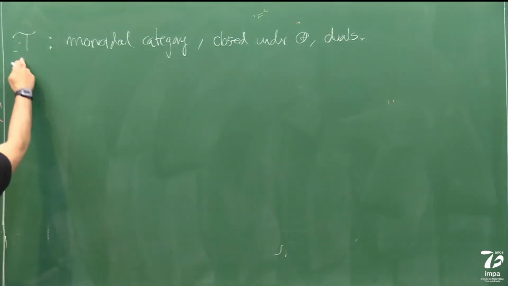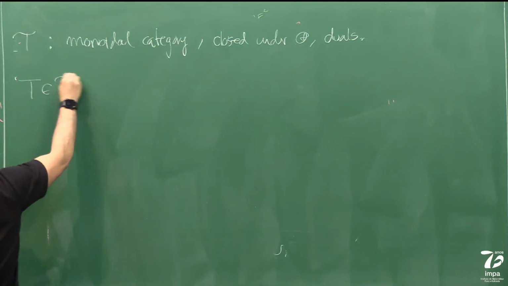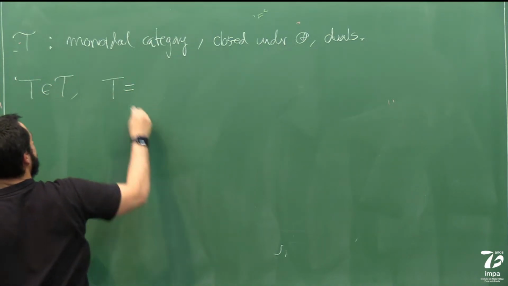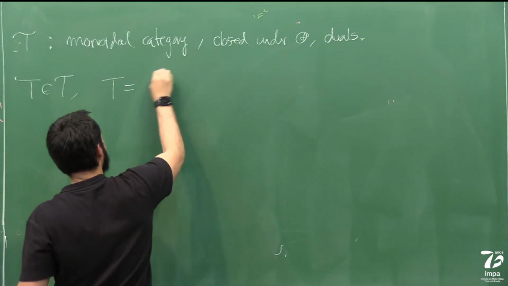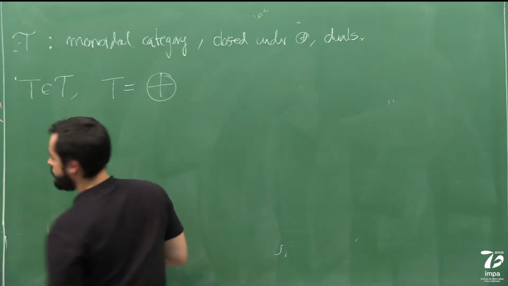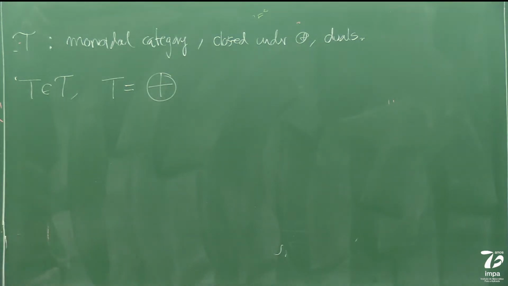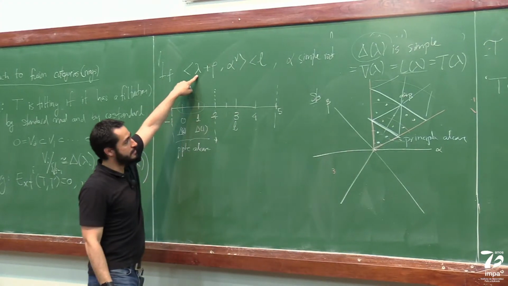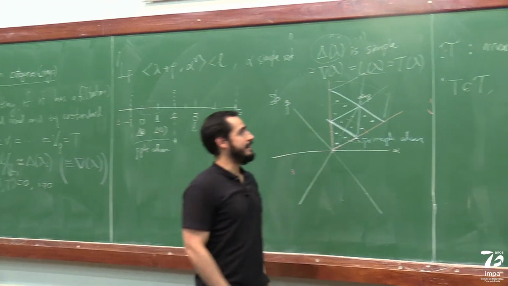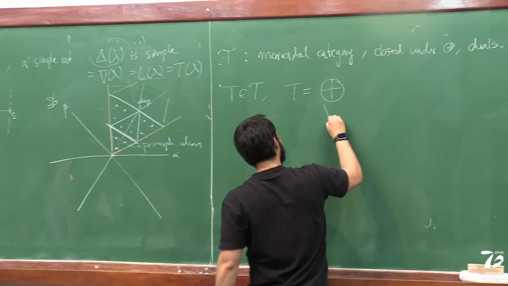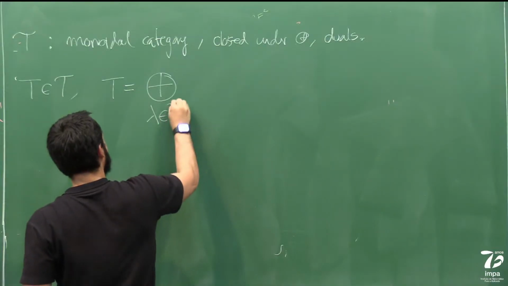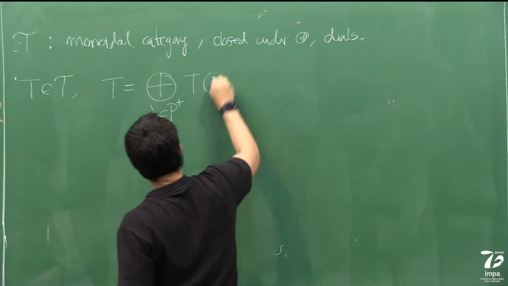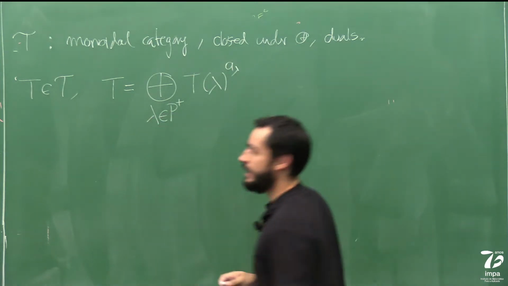It is a Krull-Schmidt category, so any T in T can be written as a direct sum of indecomposable tilting modules. And the indecomposable tilting modules are all indexed by dominant integral weights. In general, in any case, doesn't matter. So they are just T lambda with lambda in P plus.